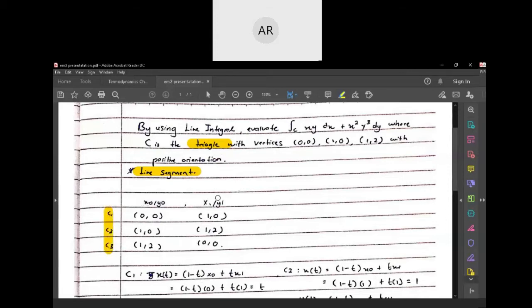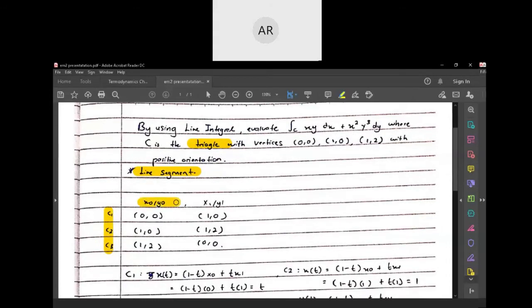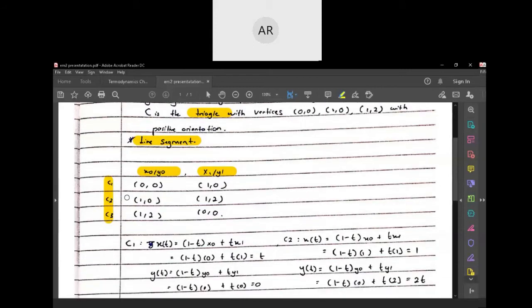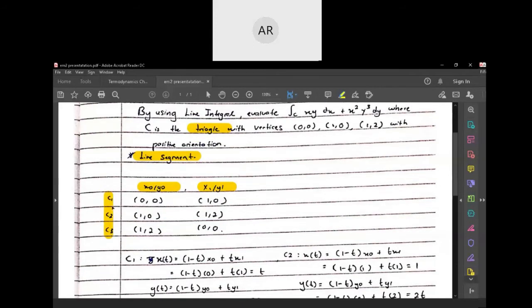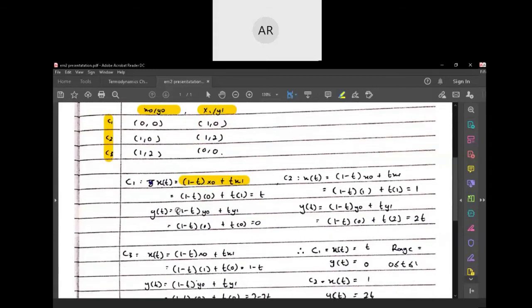For the point x0, y0 and x1, y1, these are the points for C. To find xt for C1, we use the equation (1 minus t) x0 plus t x1. Same for yt, we use this equation.